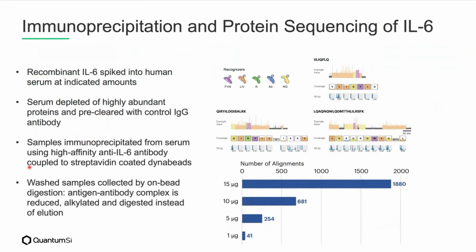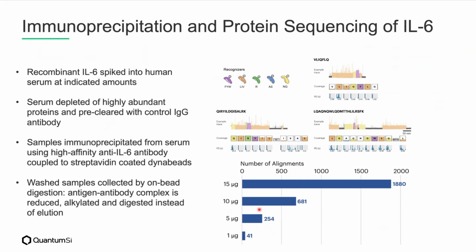In this particular case, we performed an immunoprecipitation of the protein interleukin-6, or IL-6, which is a key immune modulator. In this experiment, we began by taking recombinant IL-6 and we spiked it into human serum at the amounts indicated in the bottom of this figure. We then depleted the serum of abundant proteins such as human serum albumin and IgGs, and then pre-cleared that serum with a control IgG to remove any nonspecific background binding.